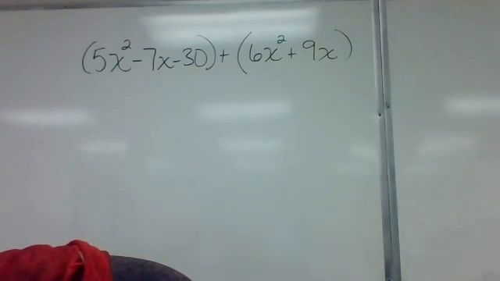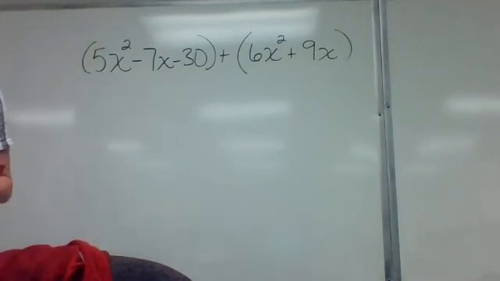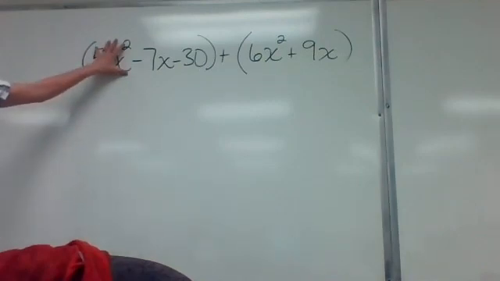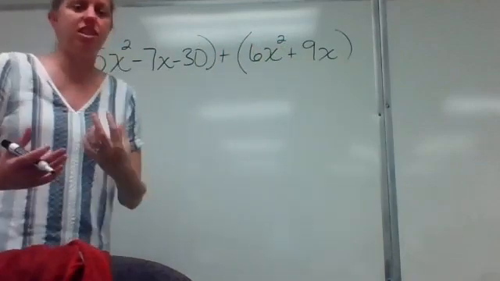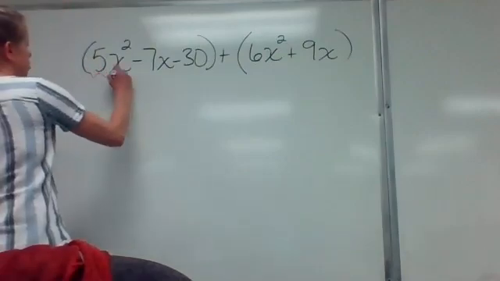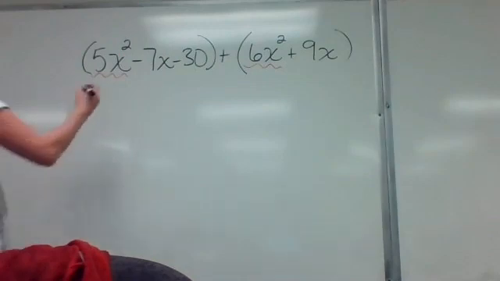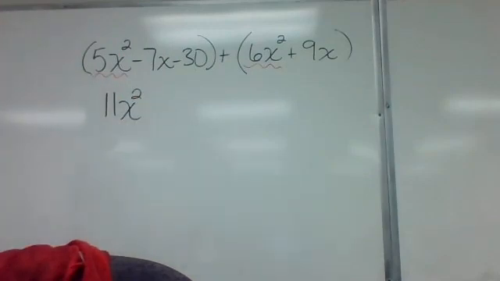So again, we're adding, and again, all that adding is combining your like terms. So in other words, if there's a 5x squared here, I'm going to look for any other x squareds to put with it. So let's see, I can put this 5x squared and add that to the 6x squared, which gives me 11x squared.